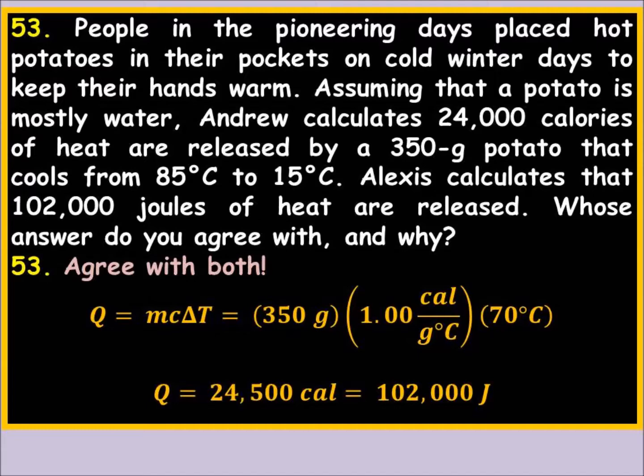Whose answer do you agree with? Well, obviously, it's 102,000 or 24,500. Agree with both, I guess, but actually the second one would be correct. Alexis is really the winner, although the answer in the book says agree with both, but whatever.